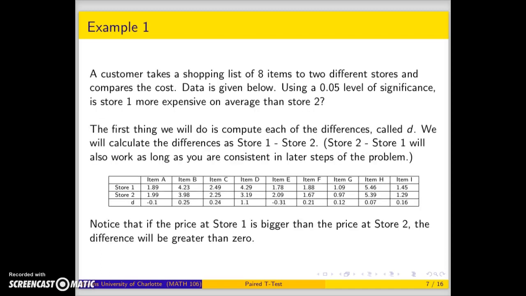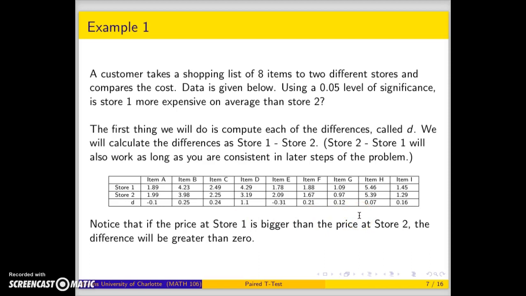For instance, here 1.89 minus 1.99 gives us negative 0.1, which is 10 cents. So store two was 10 cents more expensive than store one, and we do that for all of these then.